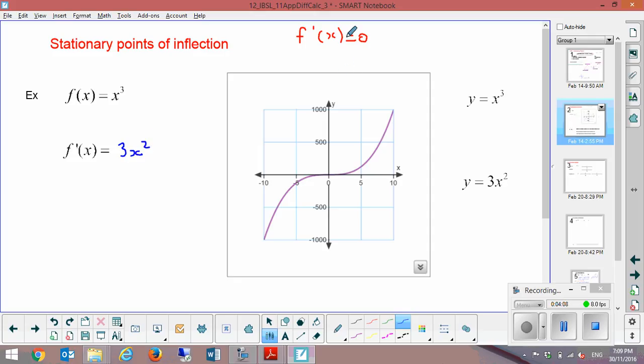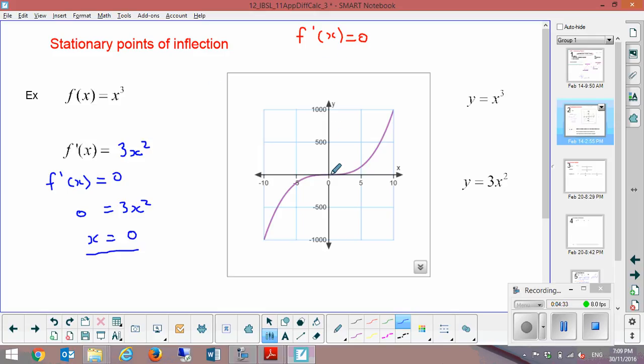Now if we make that equal to 0, so we want to see are there any stationary points, then 0 equals 3x squared. Divide both sides by 3, we get 0 still. So a solution to that is x equal to 0. So here we have, by definition, a stationary point.